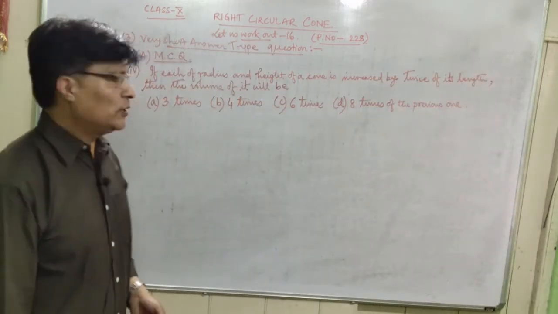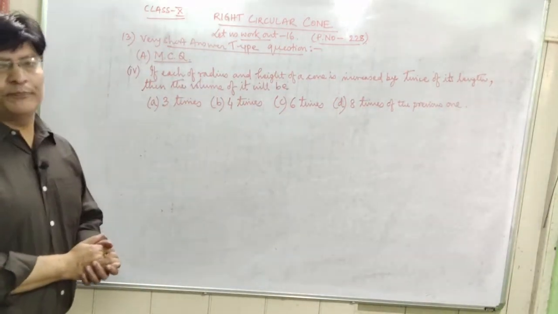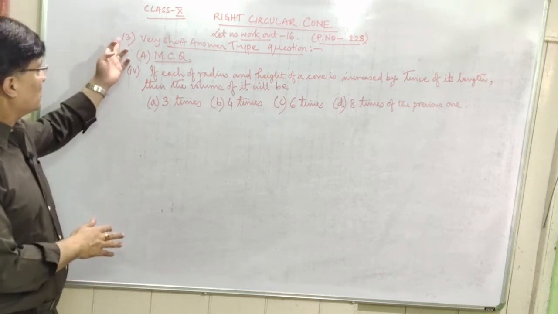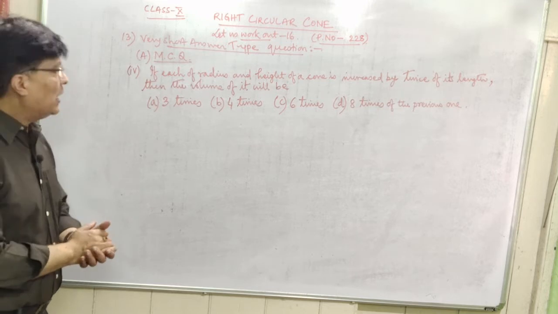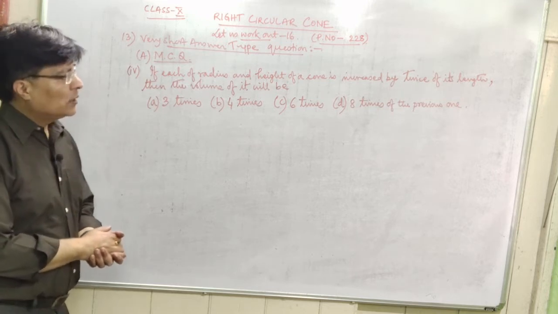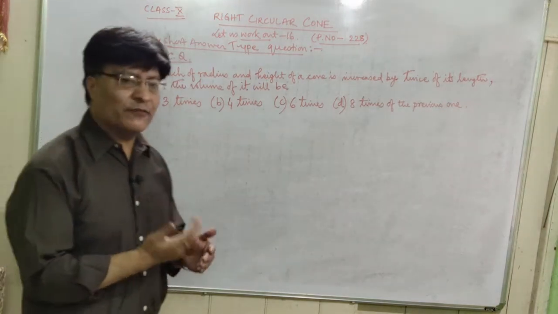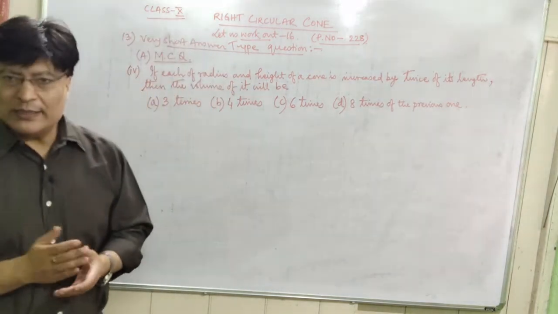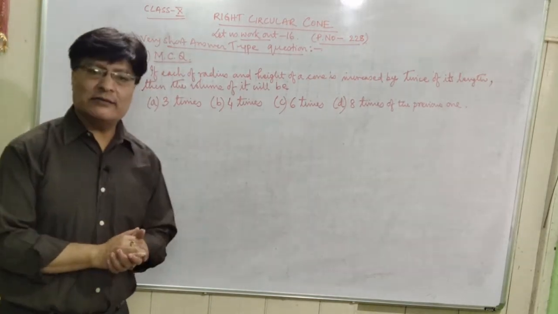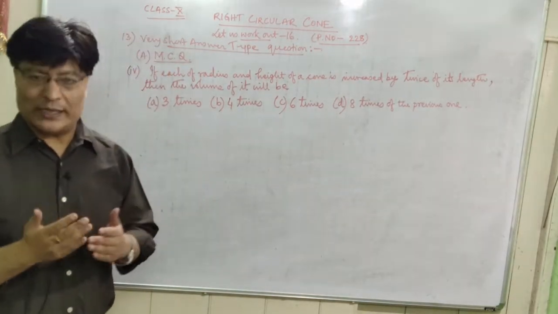So now we'll do the next question, question number 4, from the multiple choice question type. If the radius and height of a cone are increased by twice their length, so in this case the height and the radius of the cone are increased twice.